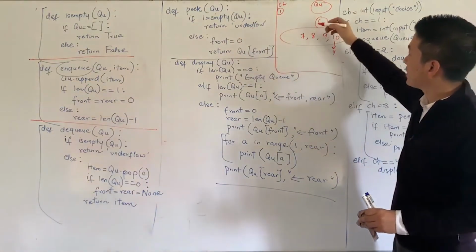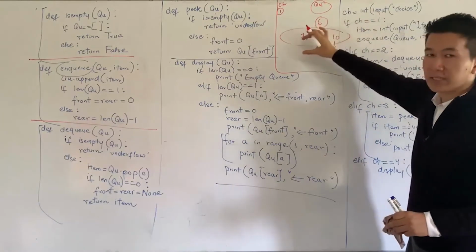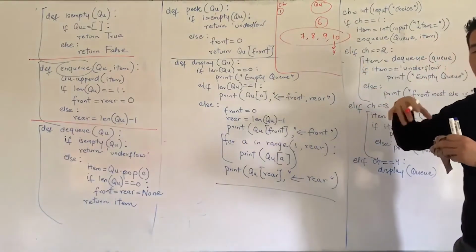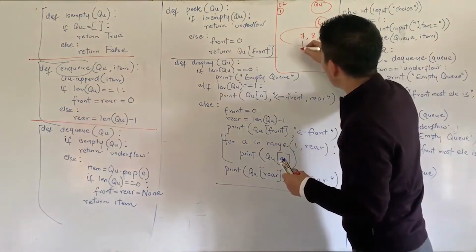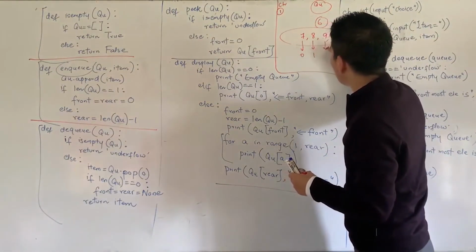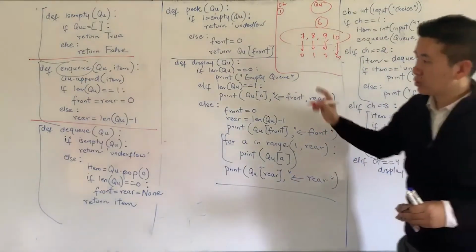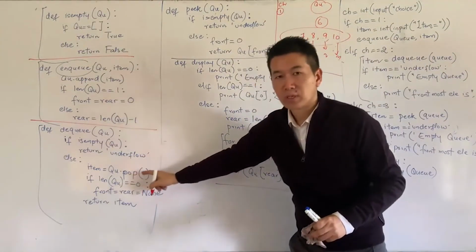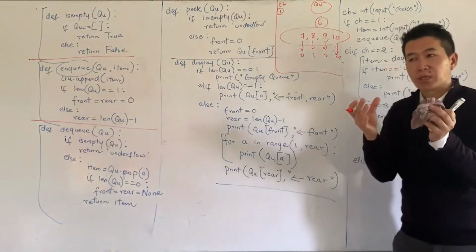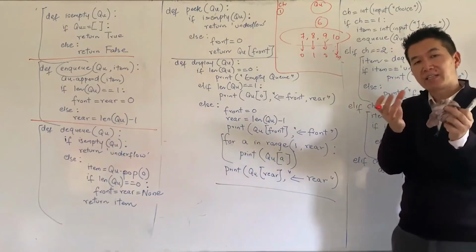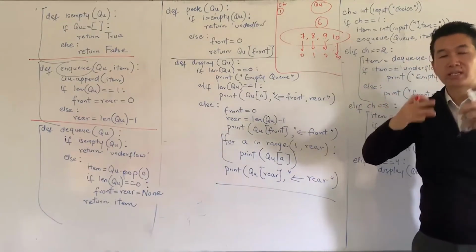Now this time, the list itself will be adjusted automatically such that this will be 0, this will be 1, this will be 2, and this will be 3. So this is what happens with the pop. When you execute this pop, automatically, or dynamically, like I said at the beginning, the list shrinks.